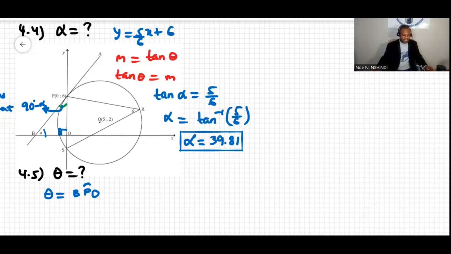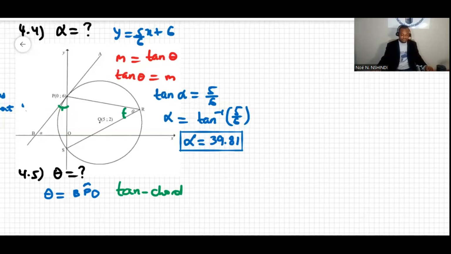Maybe let me say it again. According to the tangent-chord theorem, let me write here: tangent-chord. This theta will be equal to the angle BPO. So what is now the value of angle BPO?